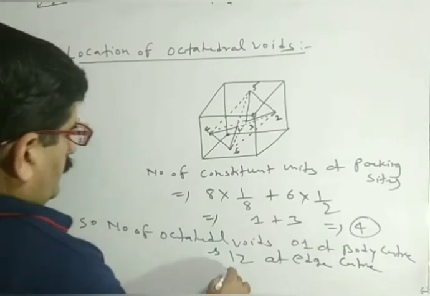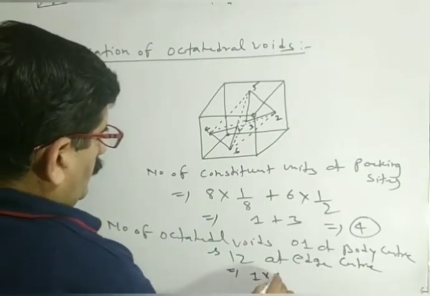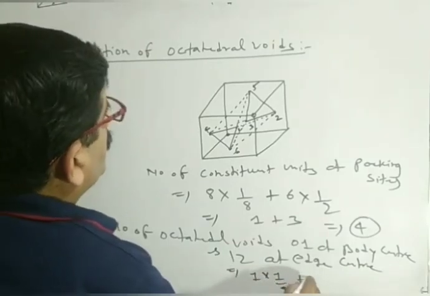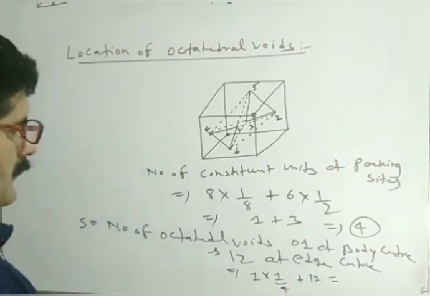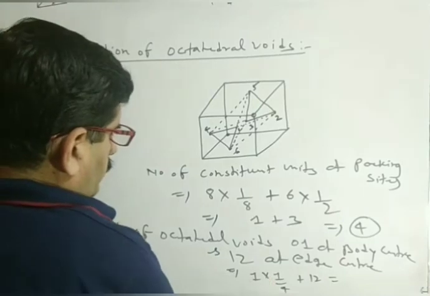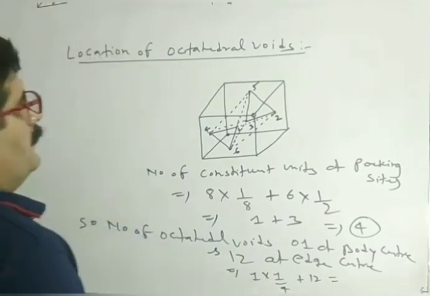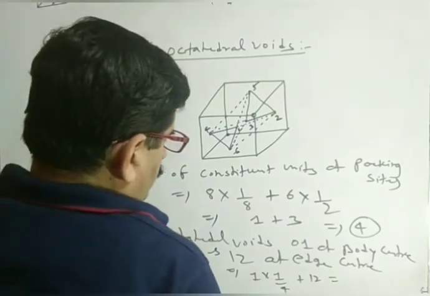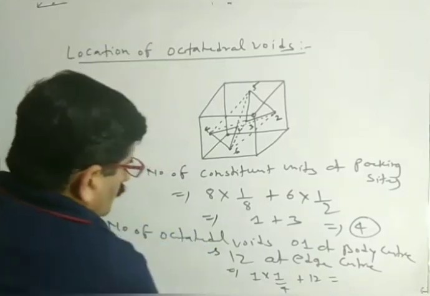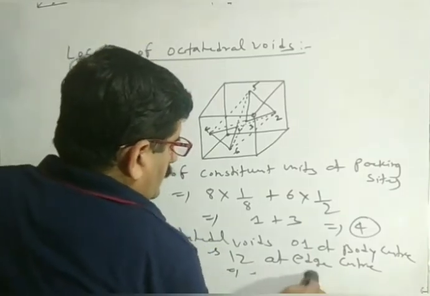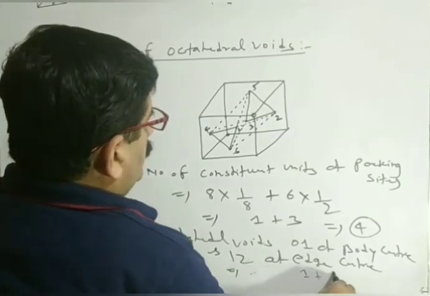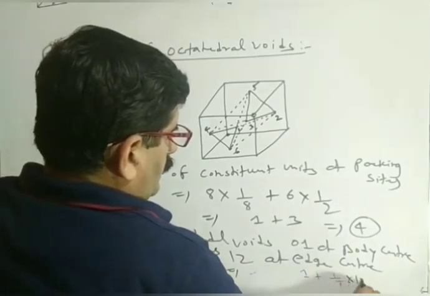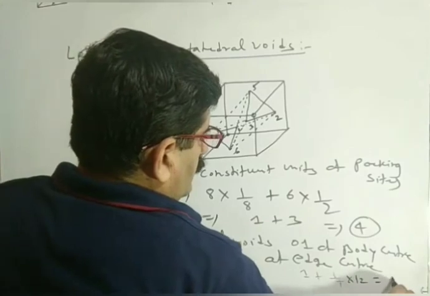That is 1 plus 1 by 4 into 12, which is equal to 4.